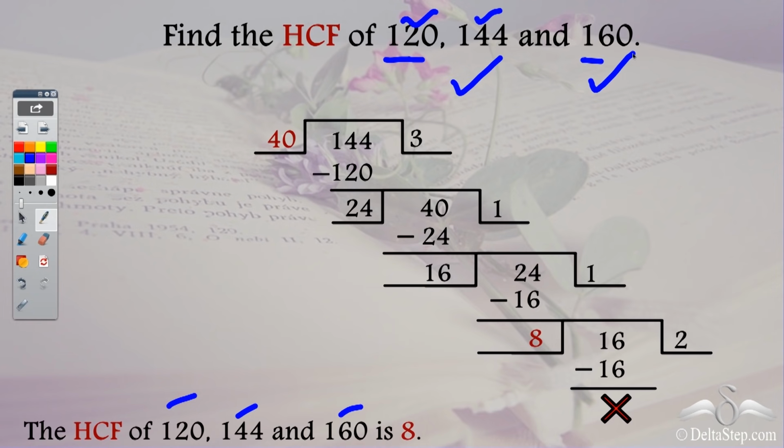The final HCF which you get is also the HCF of the three numbers. So you can check it using the prime factorization method, or you can also take the other pair of numbers. So you can start with 144 and 160, follow the same process, and you will see that you get 8 as the HCF. So this is how you can find the HCF of three numbers using the long division method.